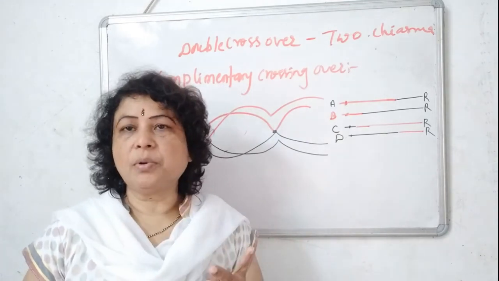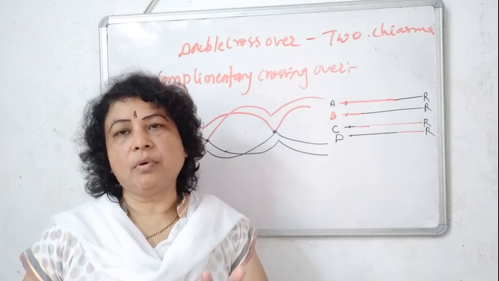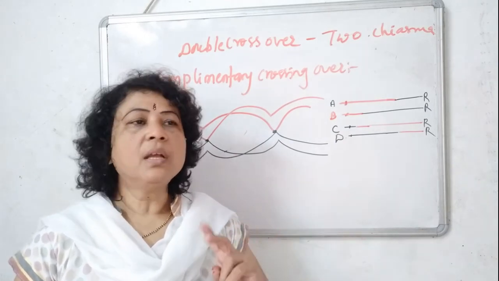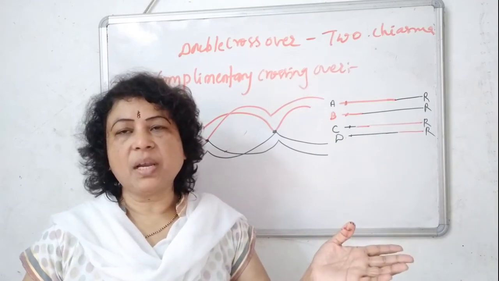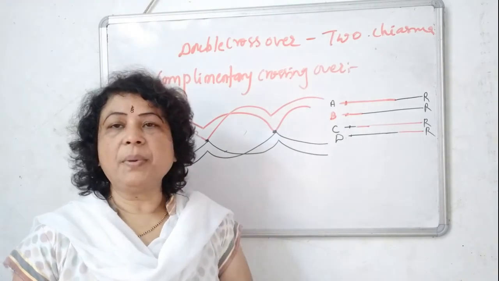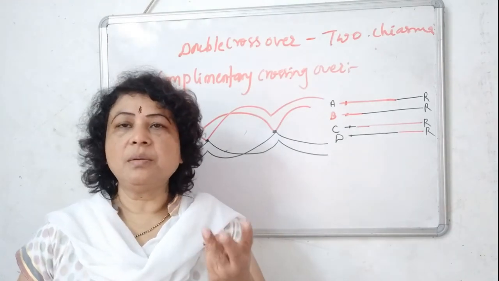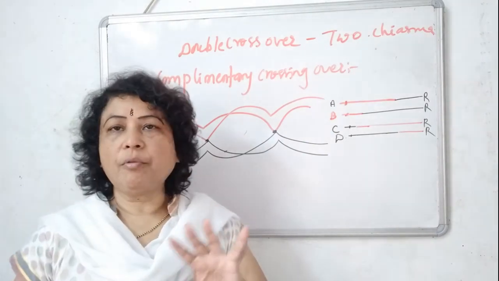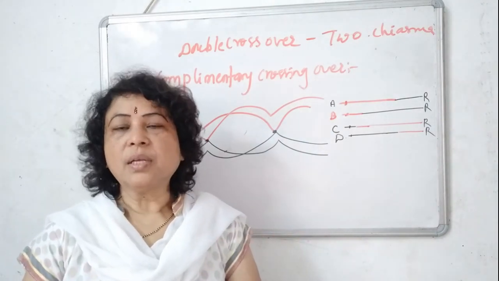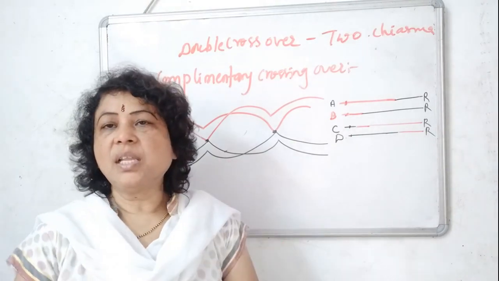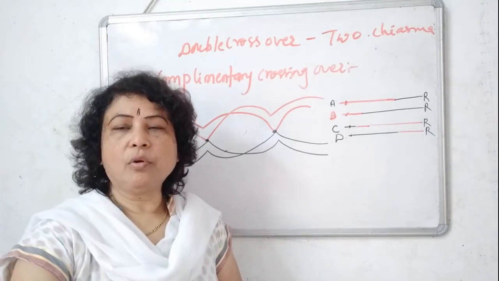The one is reciprocal, where only two non-sister chromatids are involved and two remain free, so 50% parental and 50% recombinants. The other is complementary, in which three chromatids or all four chromatids may be involved. The term crossing over was given by the scientist T.H. Morgan. I hope you got the points.